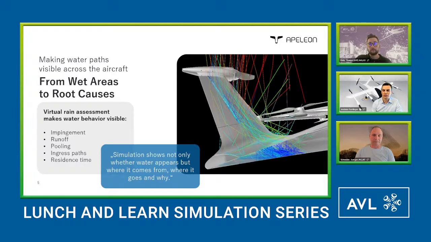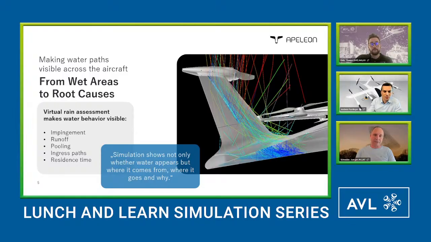That was just for testing purposes for the simulation. Of course, you don't build it like that, but that demonstrates very well how you can trace the path of rainwater. And so you can investigate impingement, you can also investigate runoff, pooling, the ingress paths, and also how long it stays at certain spots or places, so the residence time.